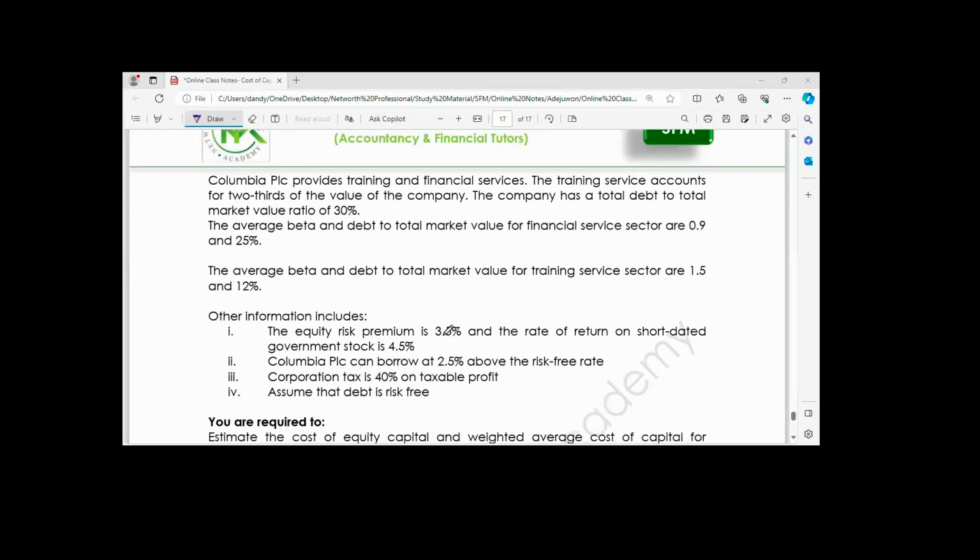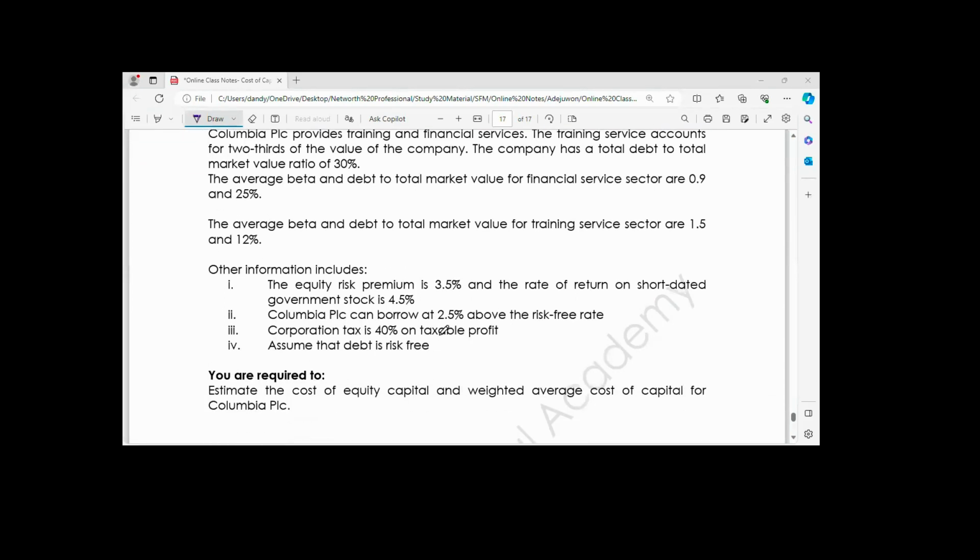Other information includes: 1. The equity risk premium is 3.5%, and the rate of return on short-dated government stock is 4.5%. 2. Columbia PLC can borrow at 2.5% above the risk-free rates. 3.